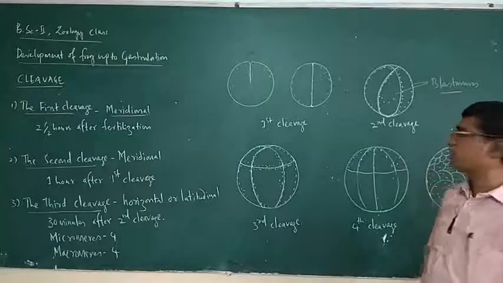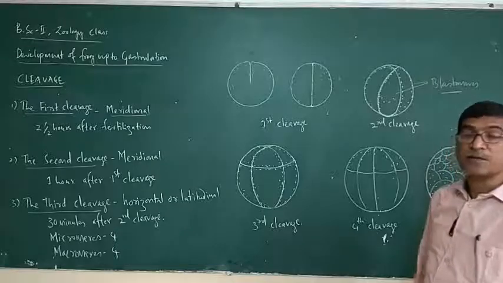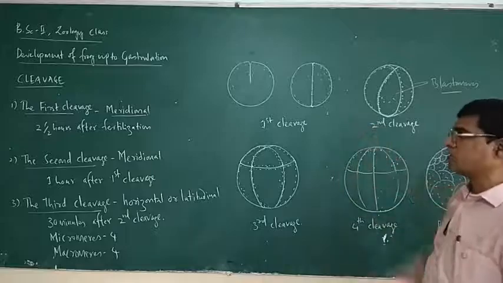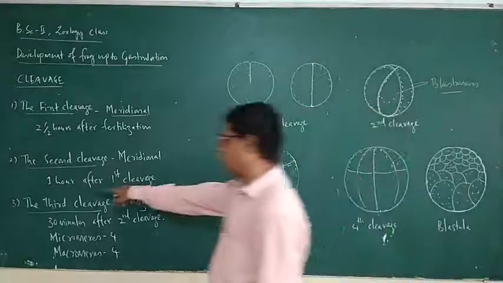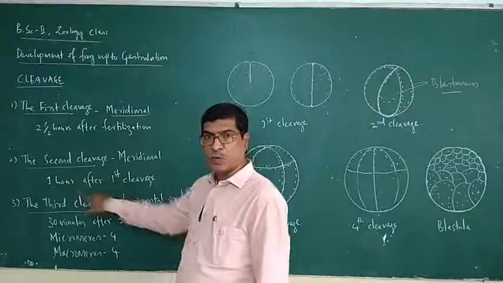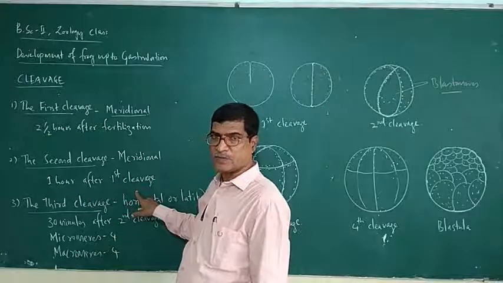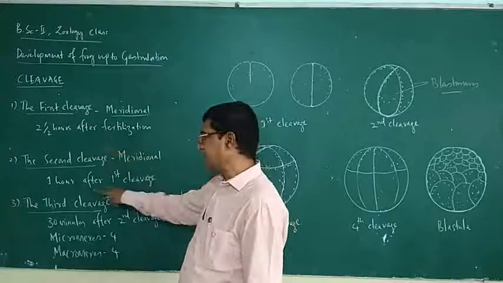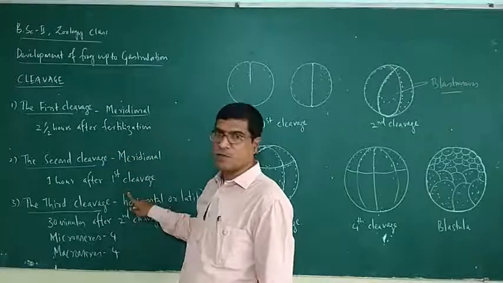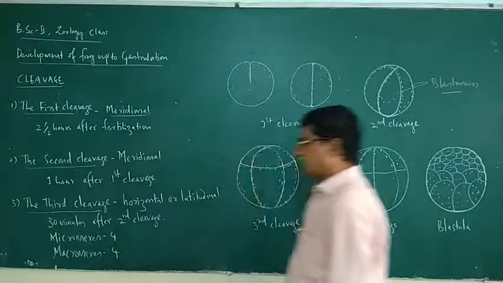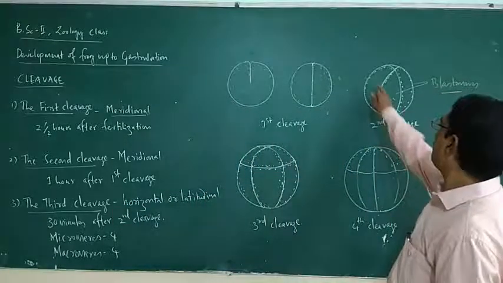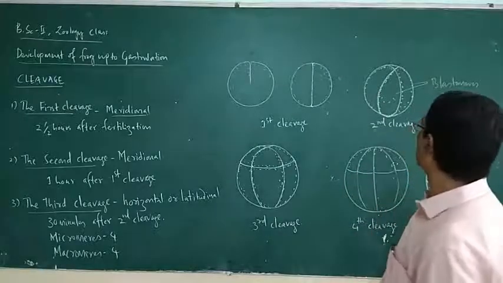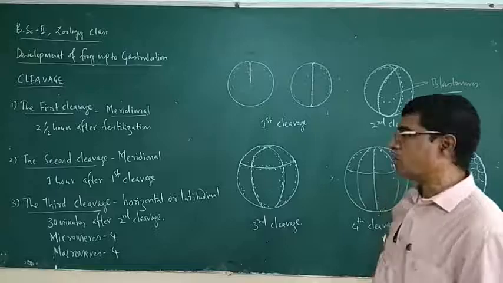The second cleavage occurs 1 hour after the first cleavage. The first cleavage occurs 2.5 hours after fertilization. So at the end of second cleavage, how many cells are formed? 4 cells are formed.